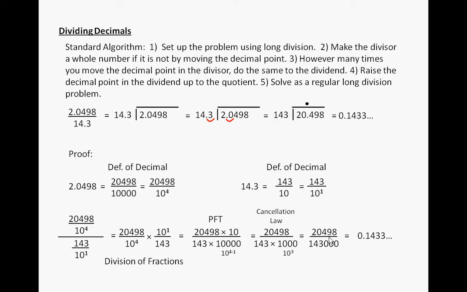And if we move the decimal point 3 times like it's saying, then that's where you get the 20.498. So here's our algorithm, why we can do this. Essentially, we are dividing each number by 1,000 so that the 143 can go into now 20.498.